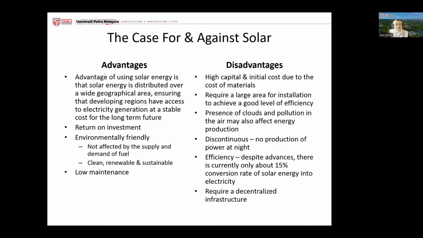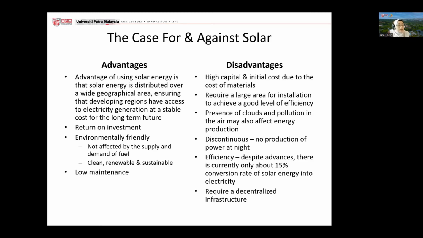Some of the advantages that I may want to highlight is, solar energy is distributed over a wide geographical area. So especially for us in the tropical belt, right? We receive a lot of sunlight. And this is different from temperate countries where we may have 4 seasons even.